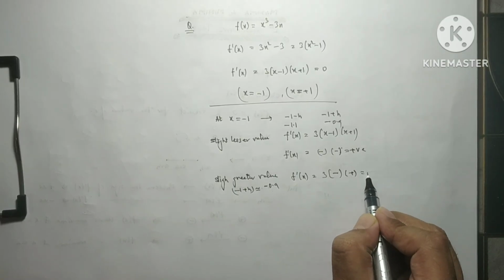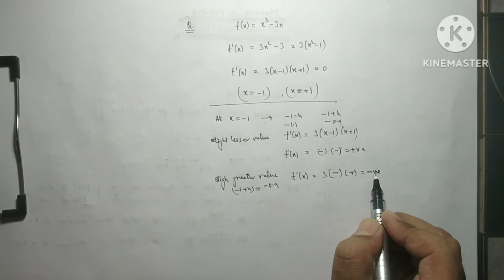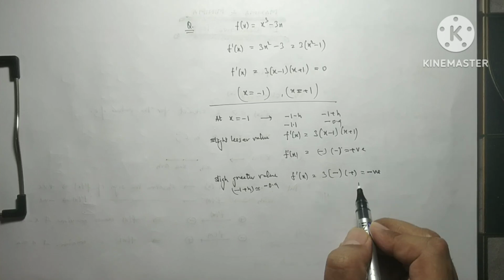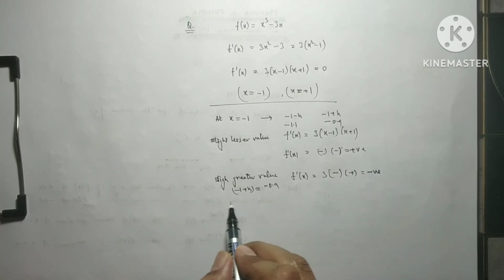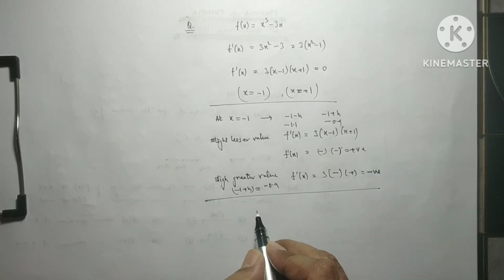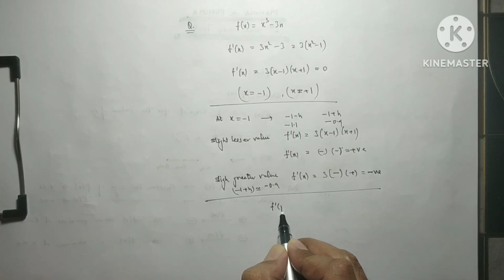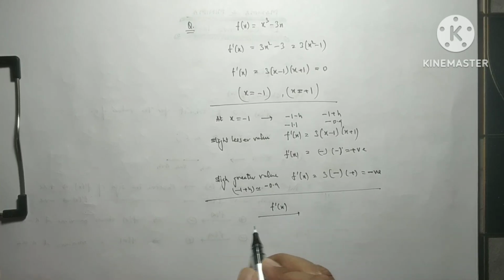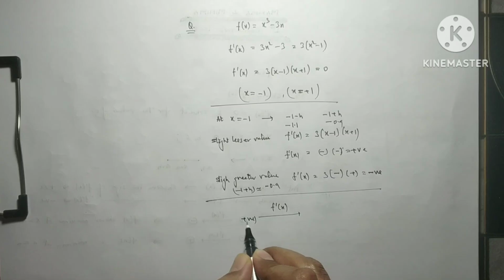So overall you get negative. So initially it is positive and right now it is negative. So the sign of f dash x changes from positive to negative.